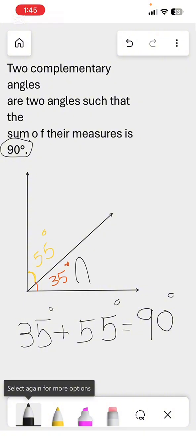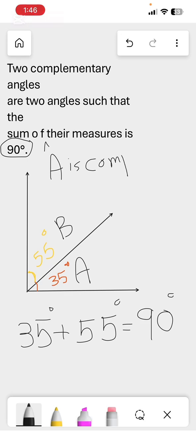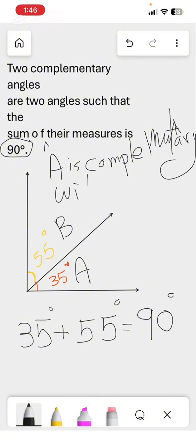So if we name it angle A and angle B, we would say angle A is complementary with B. Why? Because their sum equals 90 degrees.